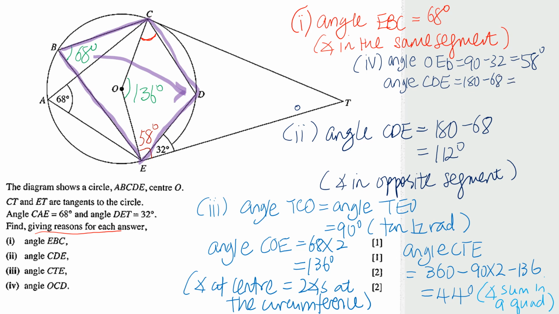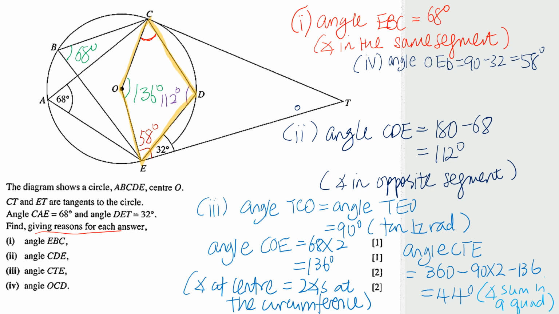That gives you 112. Oh, we already found CDE earlier on. Sorry, I already found CDE earlier on. Forgot about it. So let's put it in here. That is 112 for CDE. We found it in part 2 already. Okay, so that is easy. If I have found all this already, I can just use this.